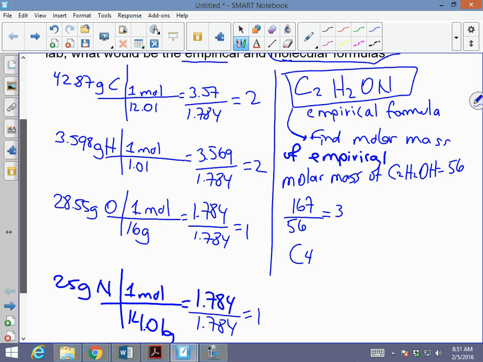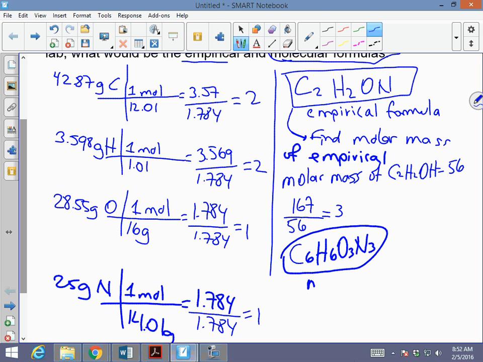Let me rephrase that, sorry. 3 times 2, end up with C6, H6O3, and N3, and this is your molecular formula.